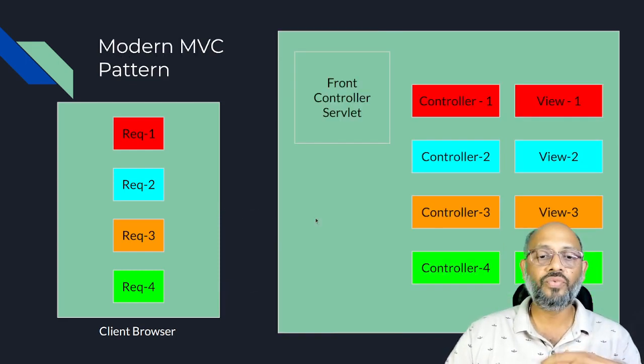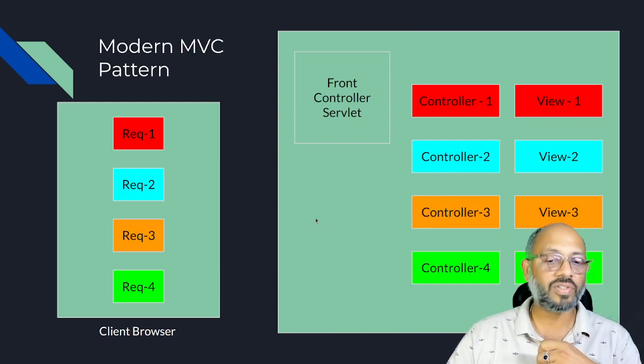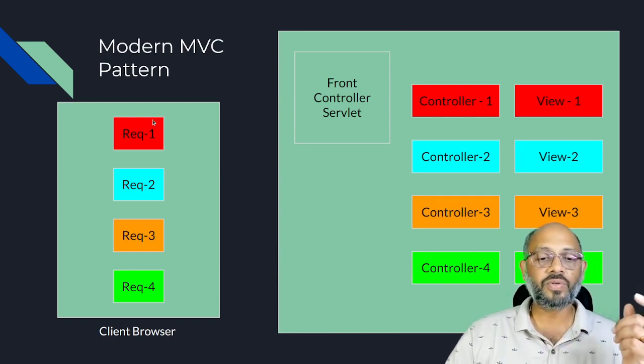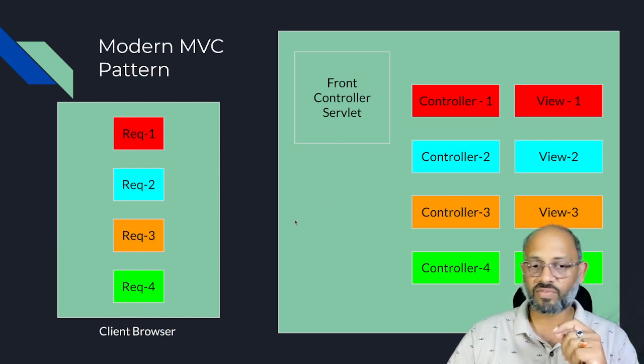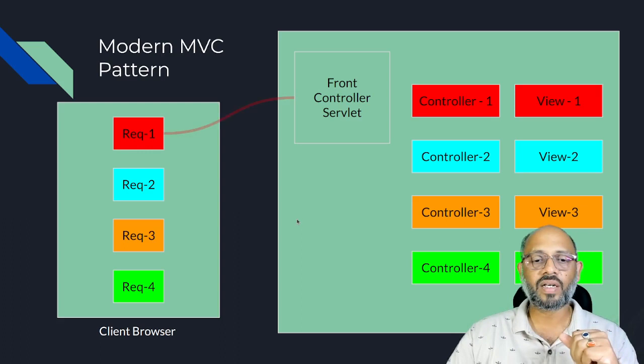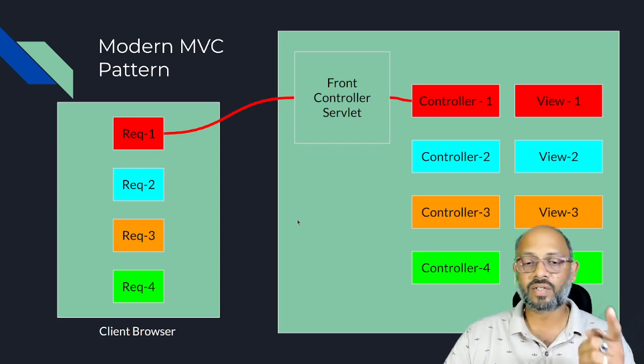Instead, if you observe a modern MVC framework, irrespective of the number of requests you have, there is only one single front controller servlet. That is a simple servlet. So any request, say the first request, goes first to the front controller servlet.